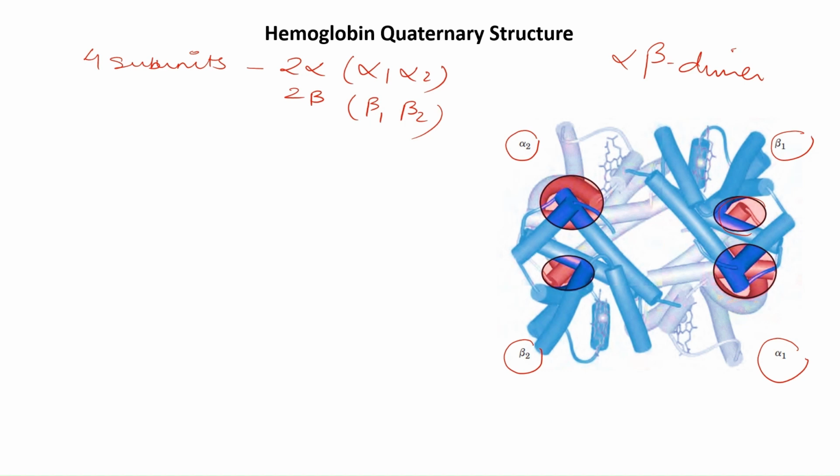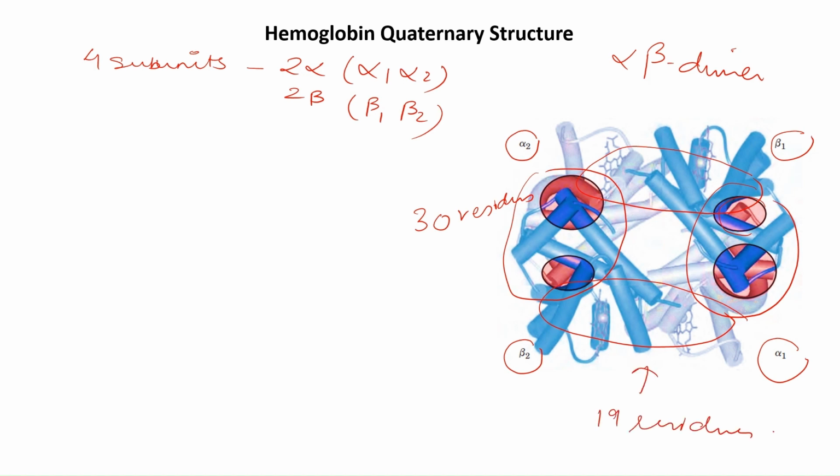Similarly, the alpha 2 and beta 2 subunit interactions are very strong. The interactions between alpha 1 beta 1 and alpha 2 beta 2 involve 30 residues, and these are very strong interactions. Whereas the interactions between alpha 2 and beta 1 and alpha 1 and beta 2 involve 19 residues.